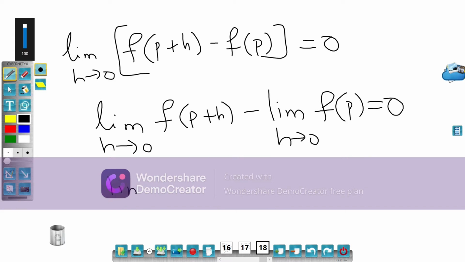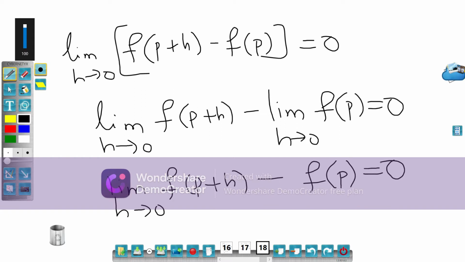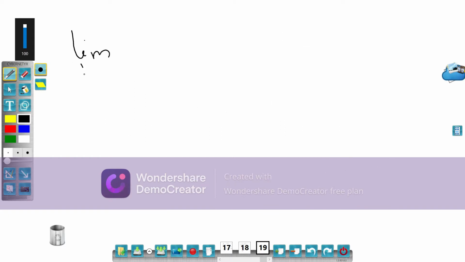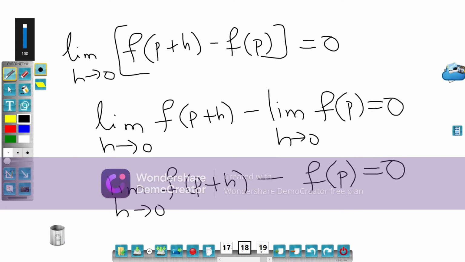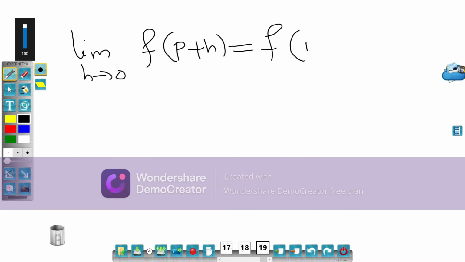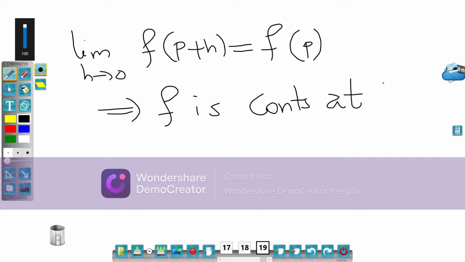The limit of f(p) is f(p) only, because it is independent of h. So the limit as h goes to 0 of f(p+h) equals f(p), taking f(p) to the other side. This would imply f is continuous at p. Well, this completes the proof that differentiability implies continuity.